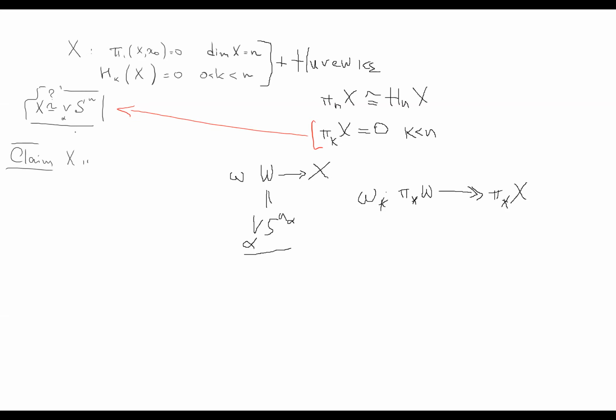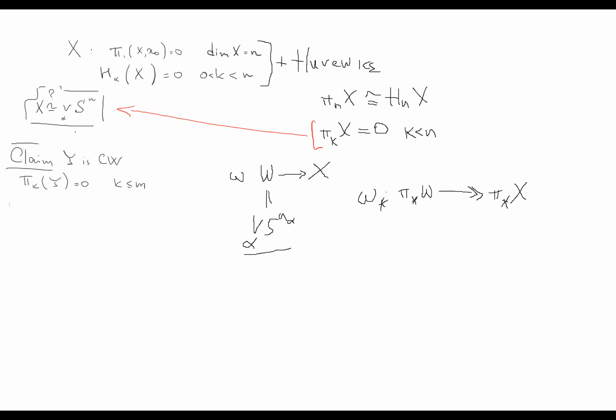Suppose Y is a CW complex, and suppose its homotopy groups pi_k(Y) are 0 if k is less than or equal to m.